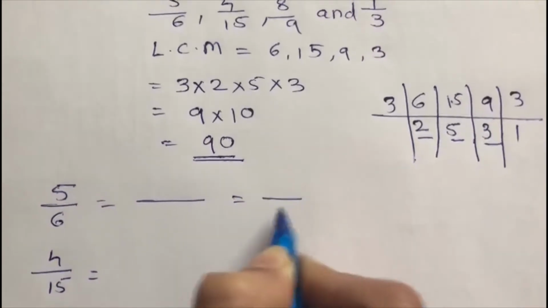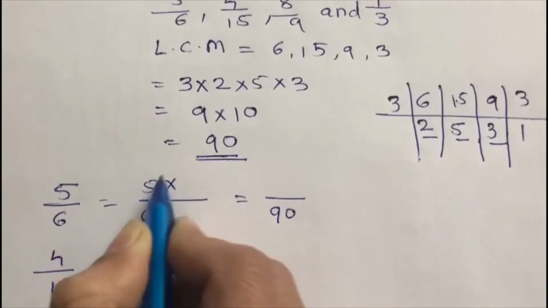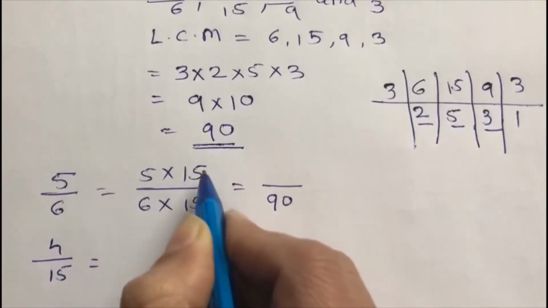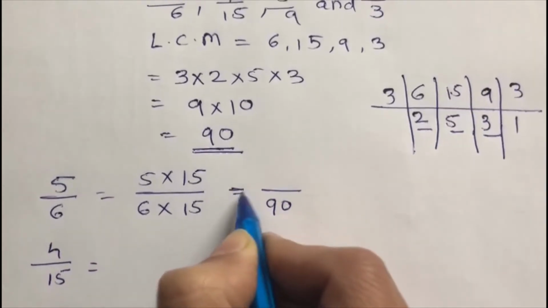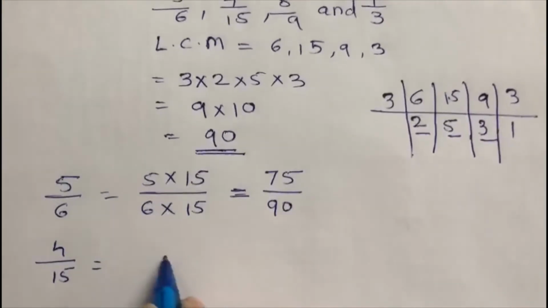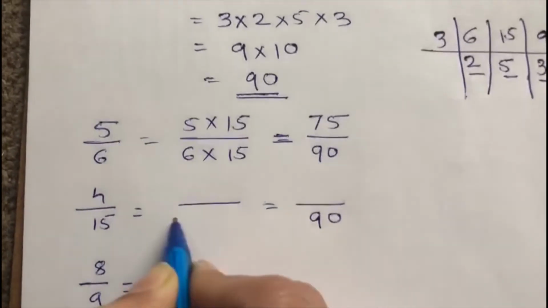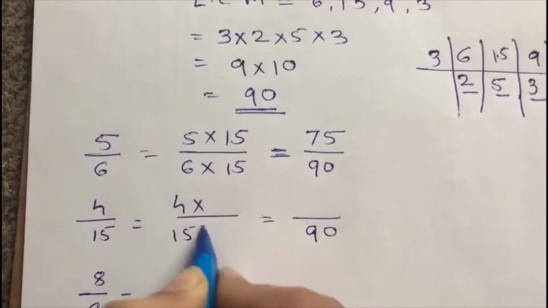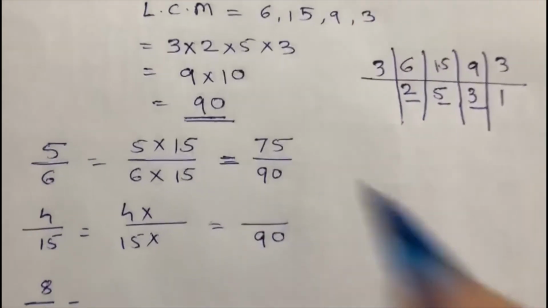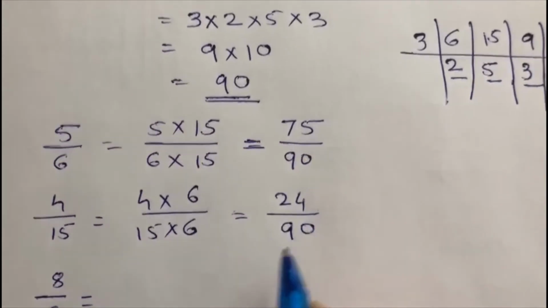So as I want 90 as denominator, I will multiply this numerator and denominator by 15. So the value remains the same, it will not change. 15 times 5 is 75. Now for this fraction we want denominator 90, that's why we will multiply both numerator and denominator by 6. That means 24 by 90.